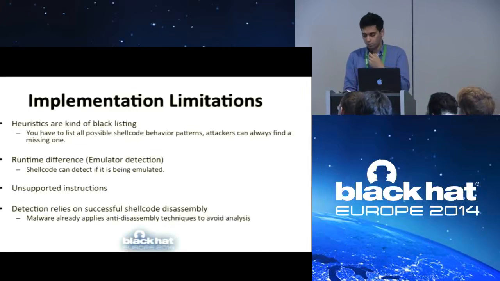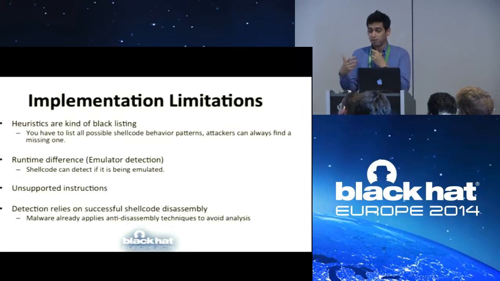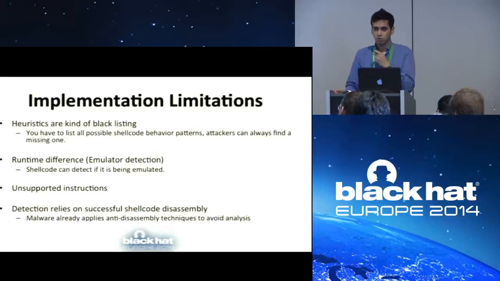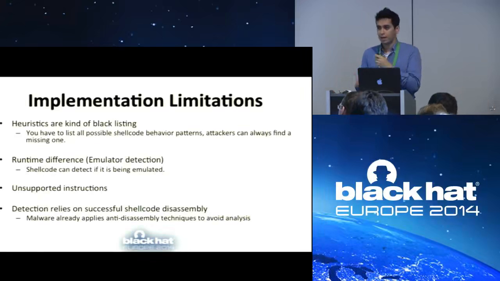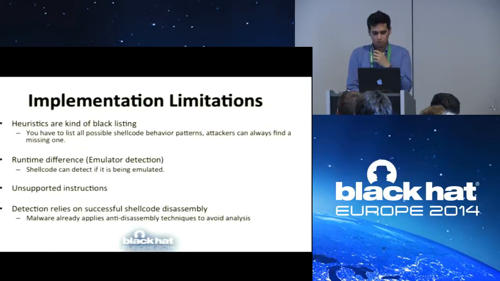Heuristics have some limitations, which is you have to always know the type of heuristic or the behavior of the shellcodes to make a blacklist out of those malicious behaviors, right? So if somebody makes a shellcode which does not show such behavior, then you can't detect it.